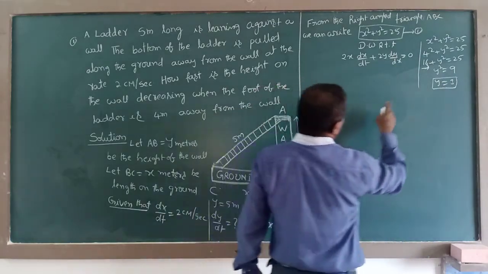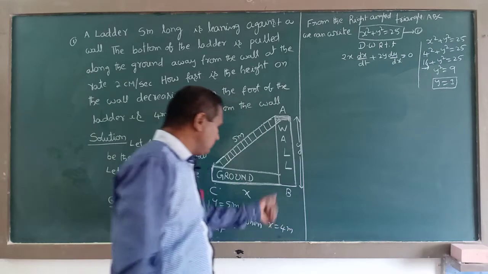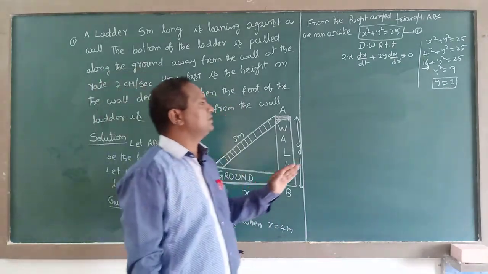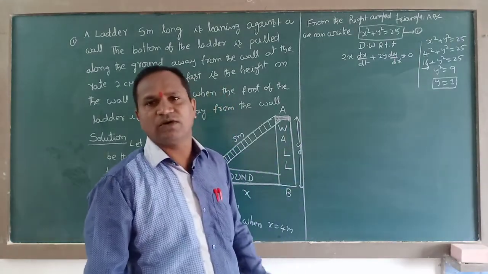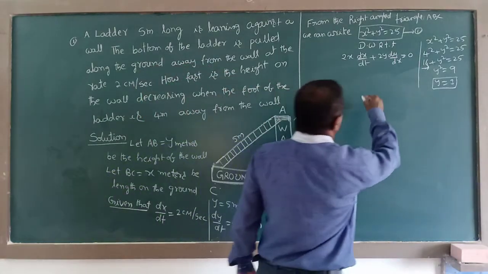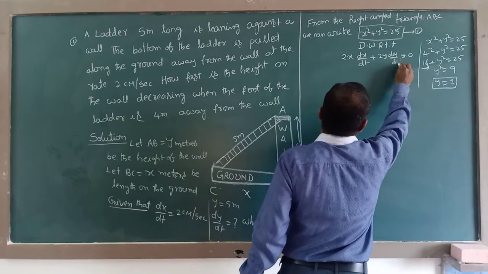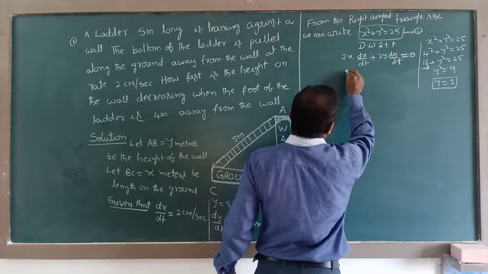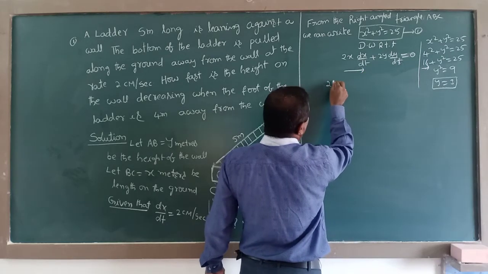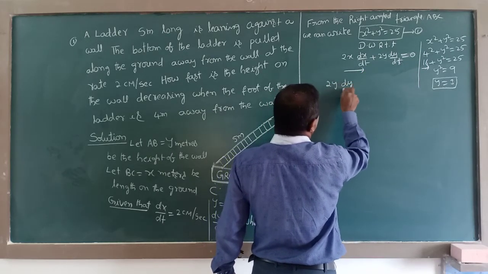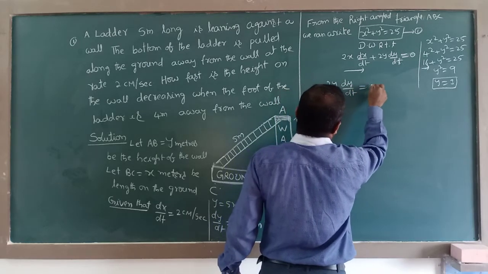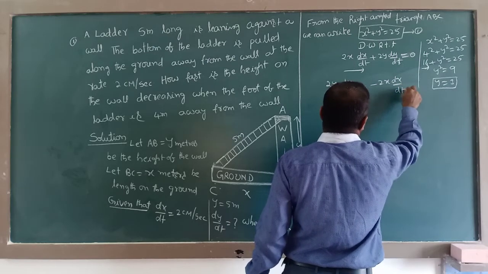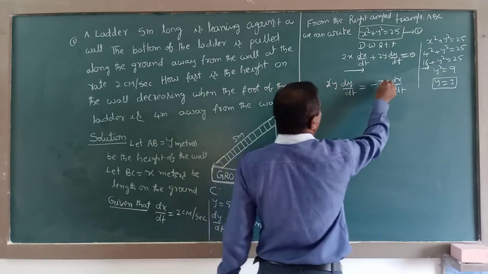Here we need this value and we need the x value also. That's why at the rough side of the solution I have found that value of y also. See here, dy by dt here, send this that side, that is 2y into dy by dt is equal to minus 2x into dx by dt here. Now 2 gets cancelled.